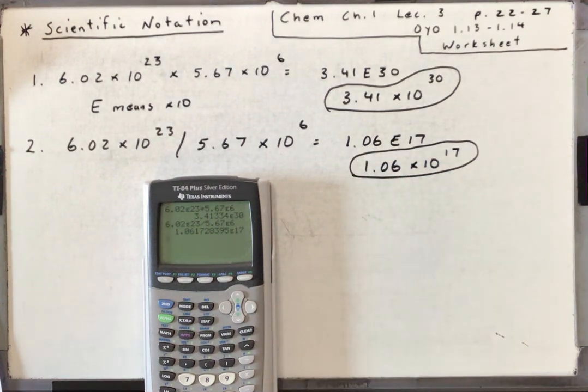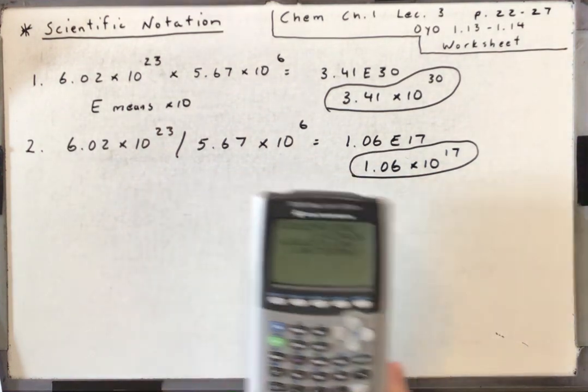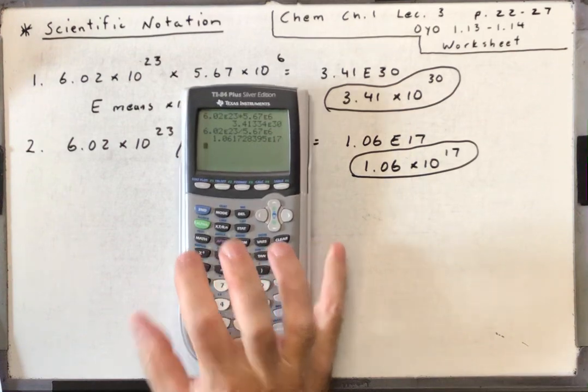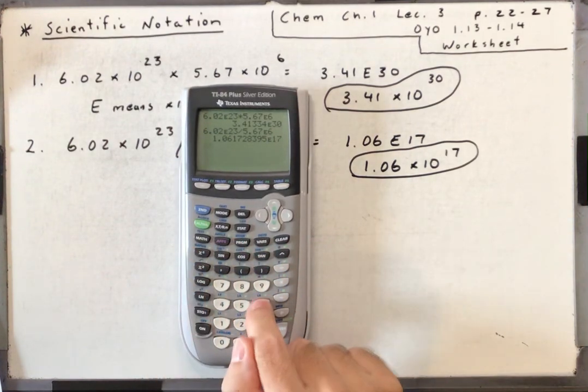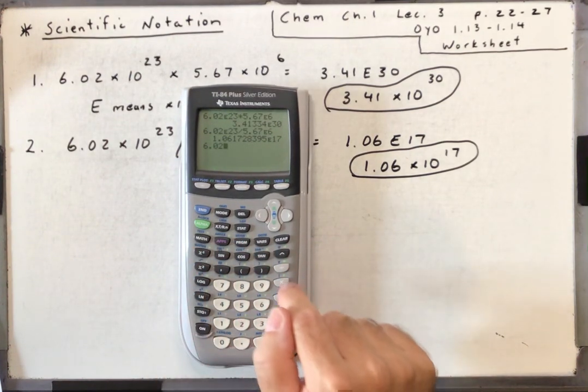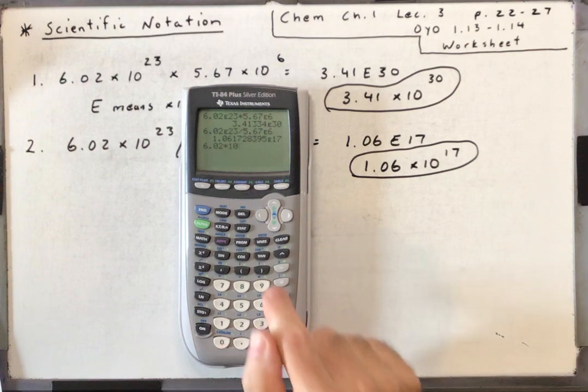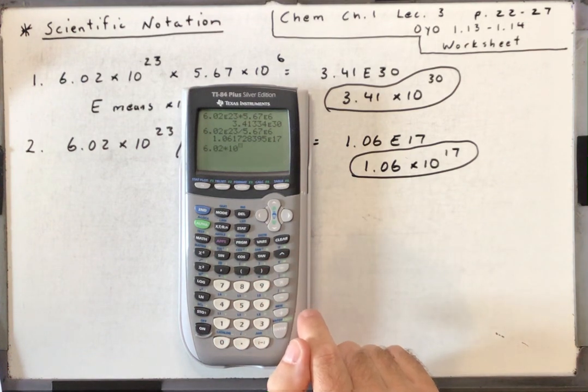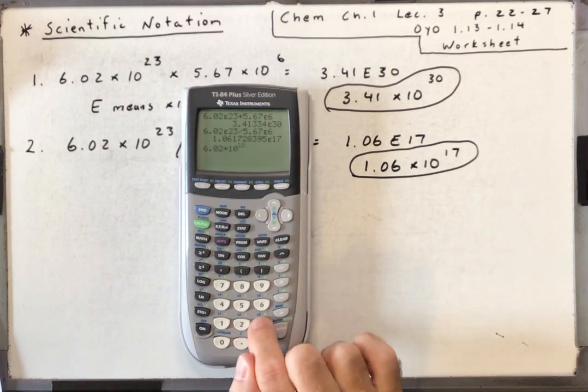But let's see what happens if instead of using the E, we use times 10 in this case. So 6.02 times 10, and then you would use the rooftop there, or the caret, to the 23rd.